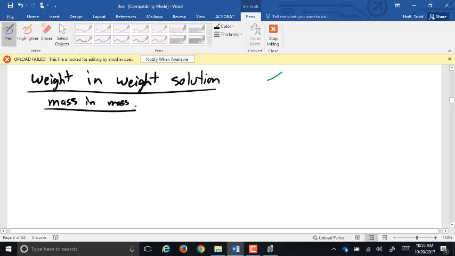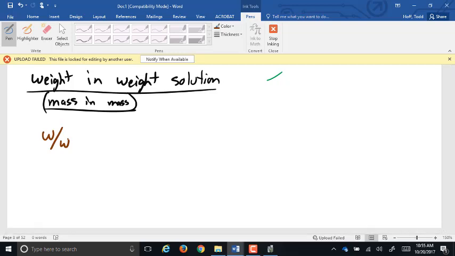It's just they've kept the old label, weight and weight. So it is labeled as W/W. And again, since weight or mass are both conserved, here we don't have to just do so much serum in total. We can actually add the parts together.